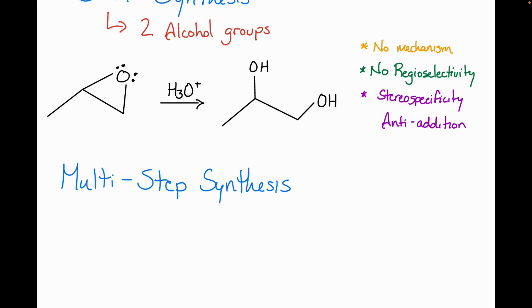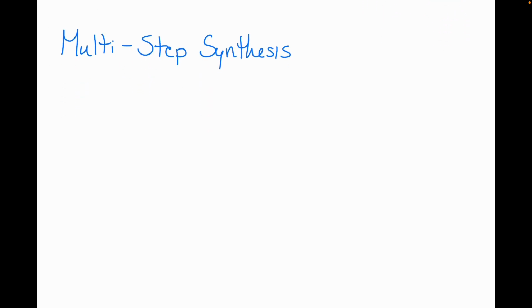Reactions that we can chain to make a particular product. All right, so let's just take a note here. And let's use a ring so we can show the stereospecificity of this reaction.